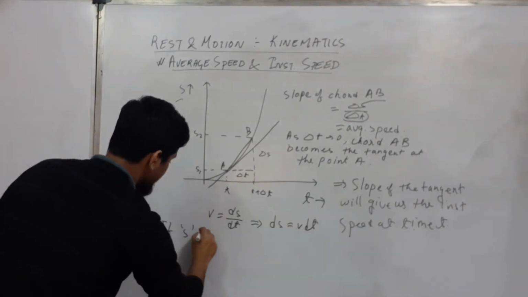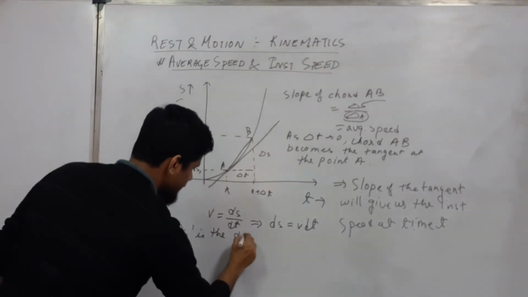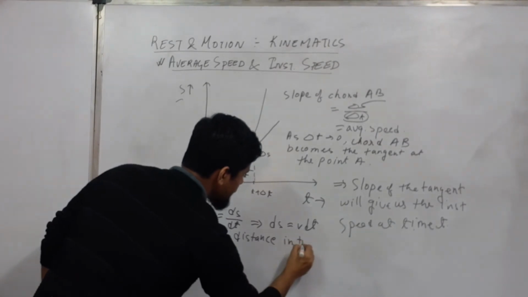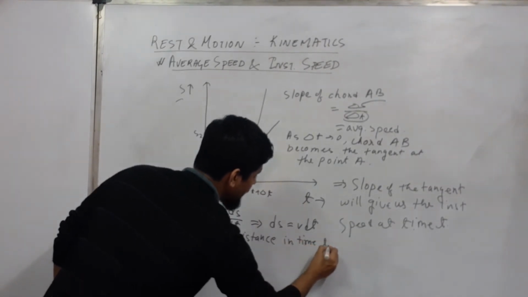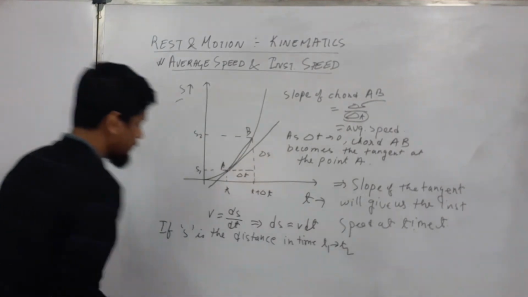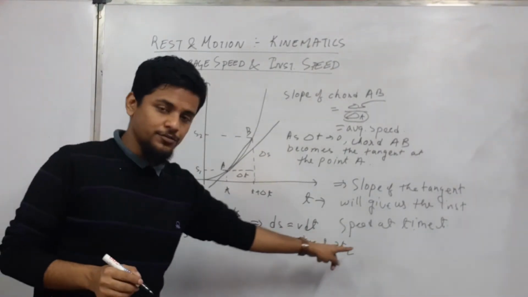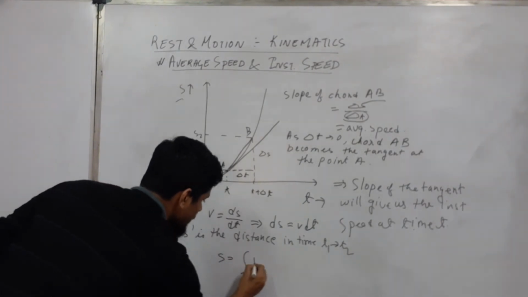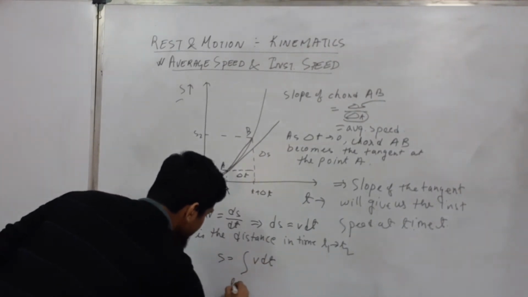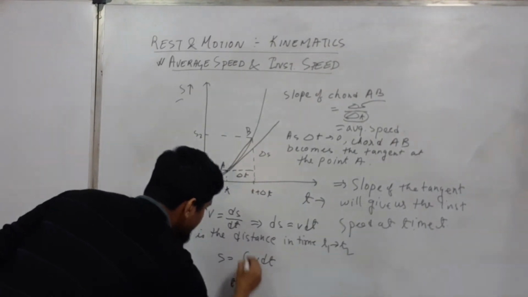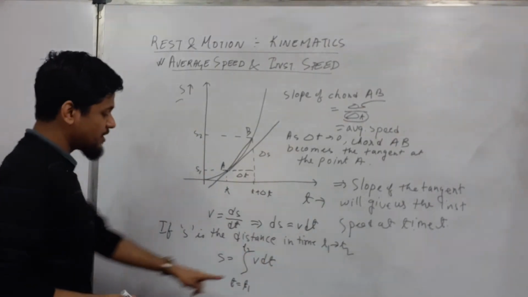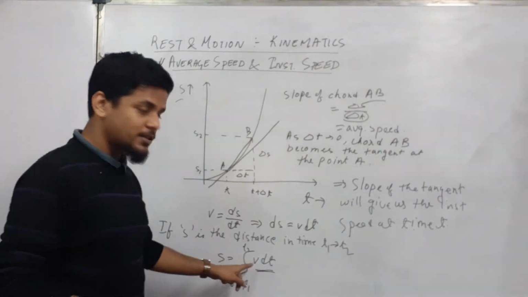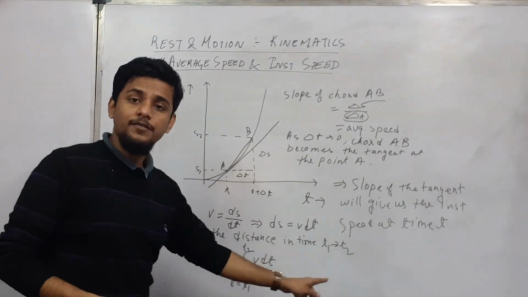So if s is the distance traveled in time t1 to t2, in this case s will be equal to the integration of v dt, where t goes from t1 to t2. This structure is nothing but the area under the velocity curve when we plot velocity as a function of time.